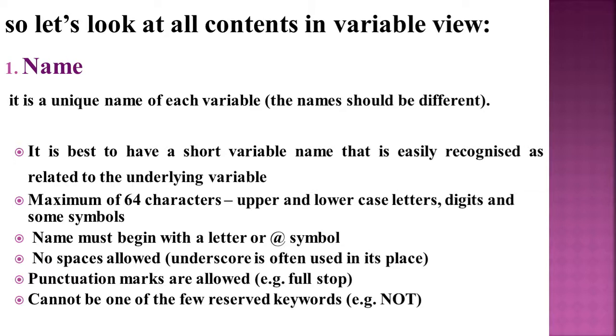Name must begin with a letter or @ symbol. No spaces allowed. Underscore is often used in its place. Punctuation marks are allowed, for example, full stop. It can't be one of the few reserved keywords like not.